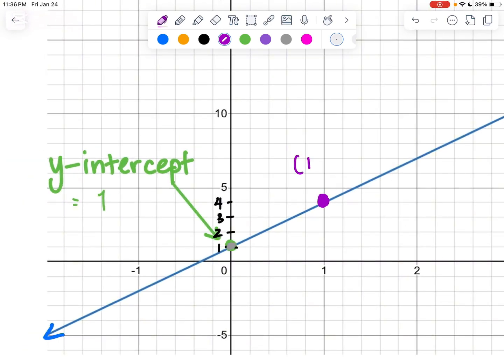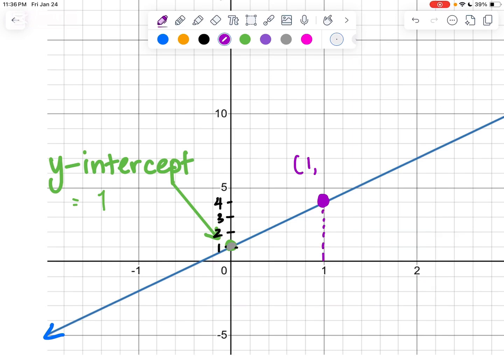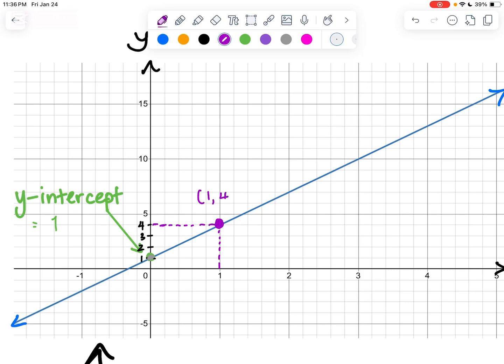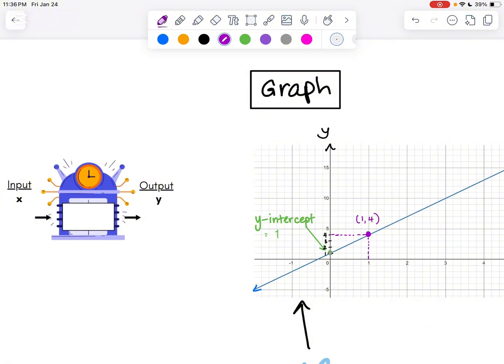Well, the x coordinate for this point would be 1 because we start with the x's, and the y coordinate would be 4. Now what that tells us is that if I put in a value of 1, here's our input, our machine is going to spit out this output number, y equals 4.